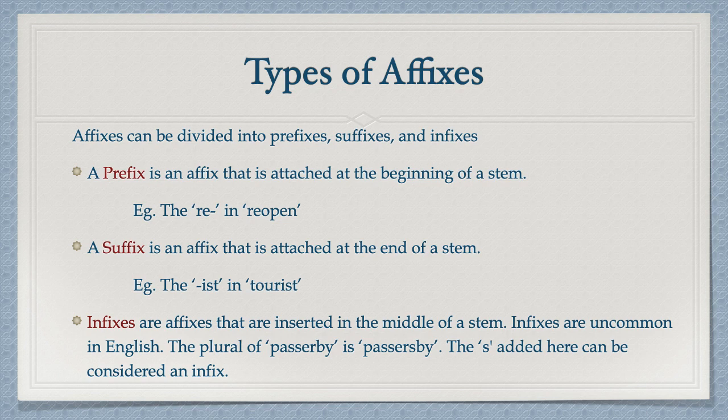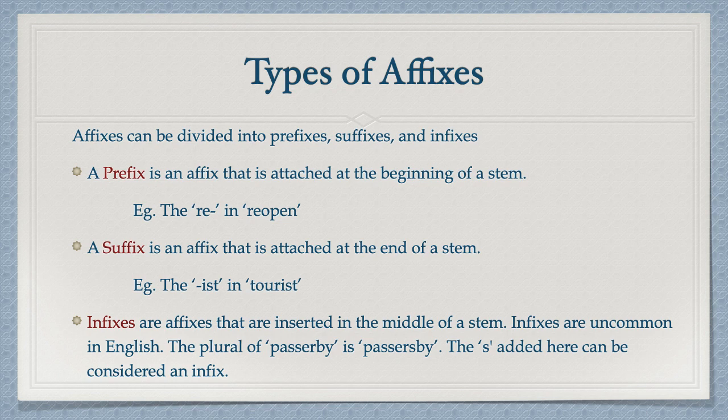You are familiar with these. Affixes can be divided into three main types: prefixes, suffixes, and infixes. Of these, prefixes and suffixes are very common in English. A prefix, as you may know, is an affix that is attached at the beginning of a stem.